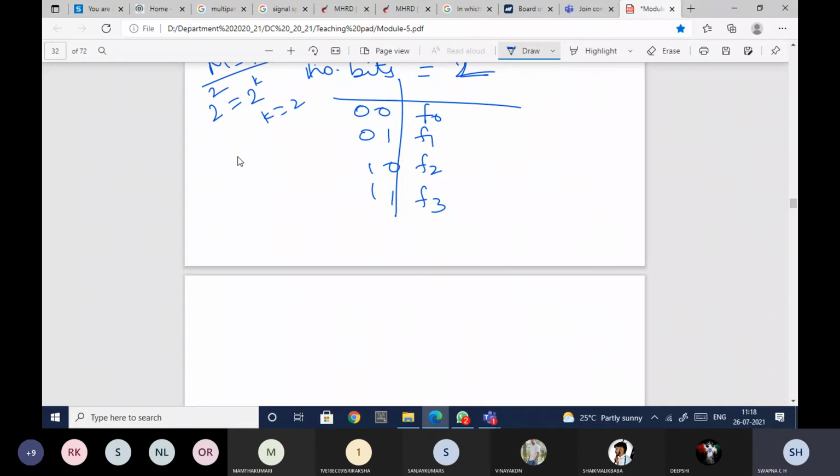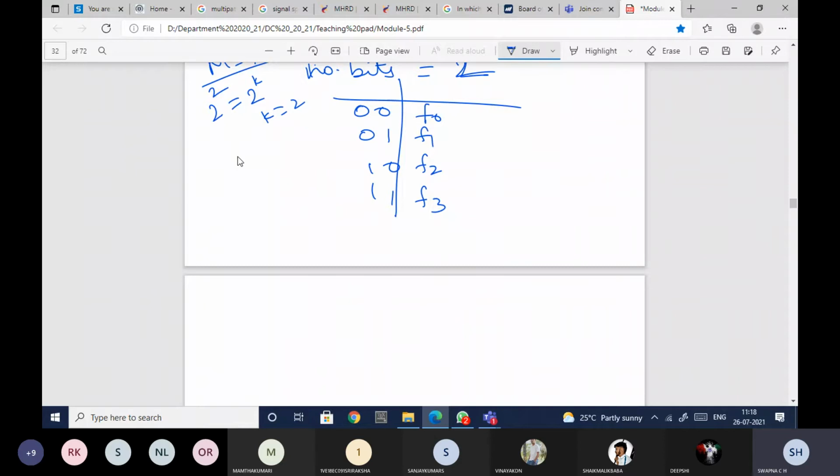the MFSK signal is noted as A, root 2E by T, with the amplitude given, and Fi is equal to Fc plus (2i minus 1 minus M) into Fd. This is the generalized equation to calculate this Fi, the frequency of the carrier.